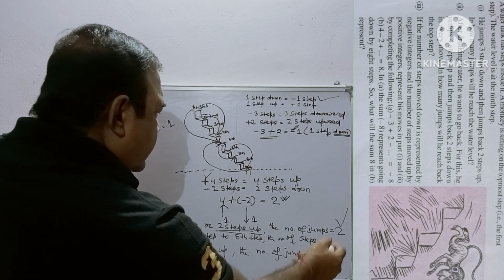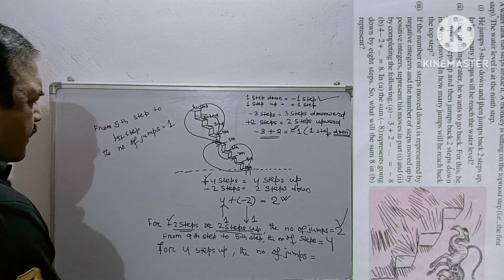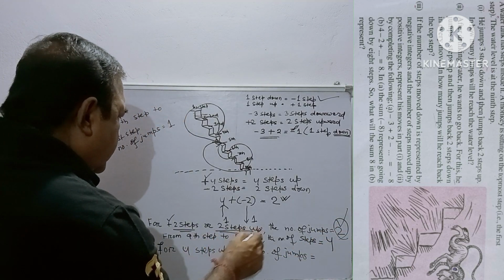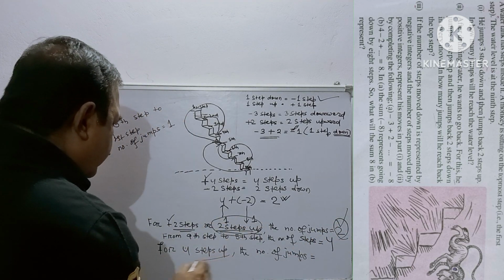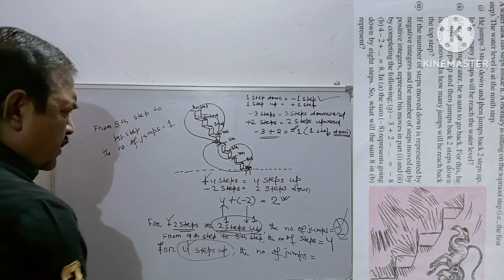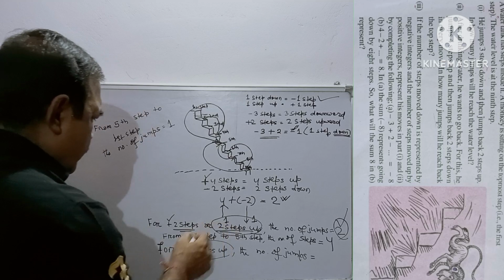Here you see 2 times 2 is 4, because the number of jumps is 2 for 2 steps. So for 4 steps, this 4 is 2 times 2. So 2 times 2 is 4.